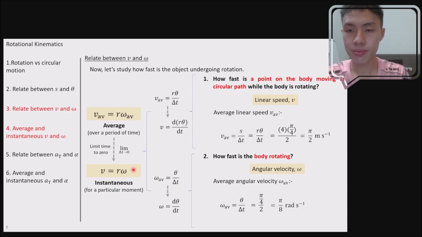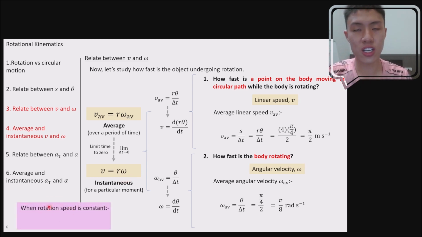Another thing that is important when we talk about average and instantaneous values is this: if the rigid body is rotating with a constant rotation speed, meaning the rotation does not speed up and does not slow down, then the average linear speed will be equal to the instantaneous linear speed, whereas the average angular velocity will be the same as the instantaneous angular velocity.